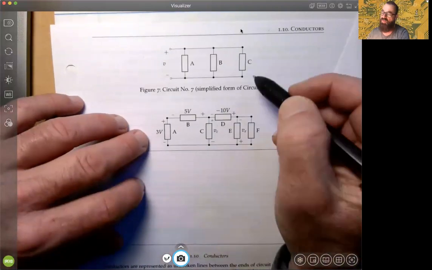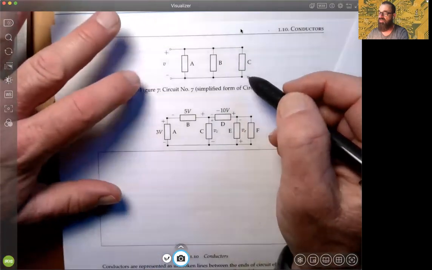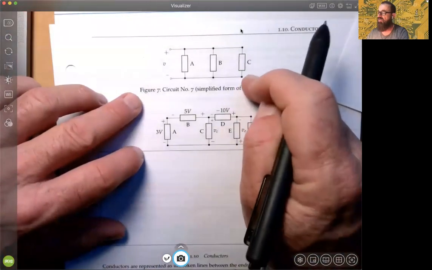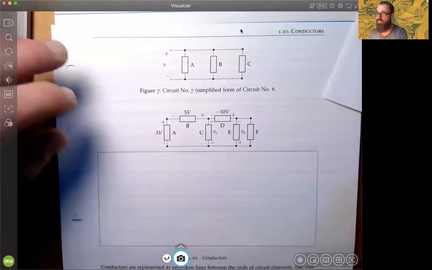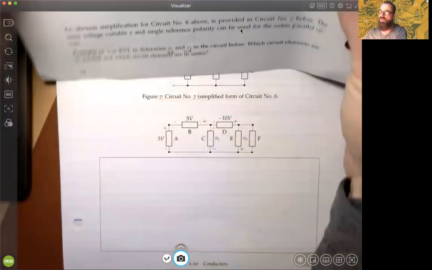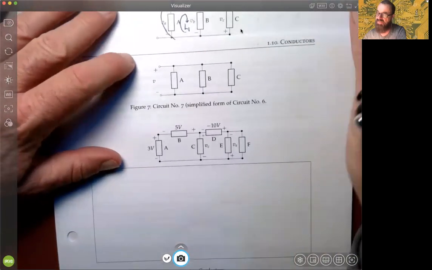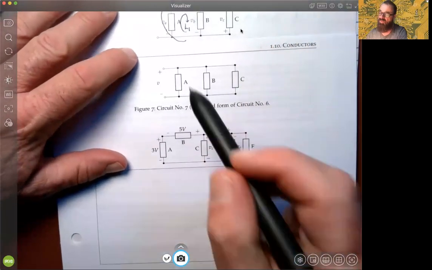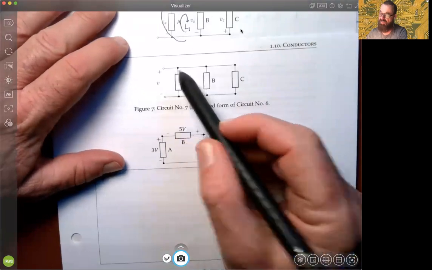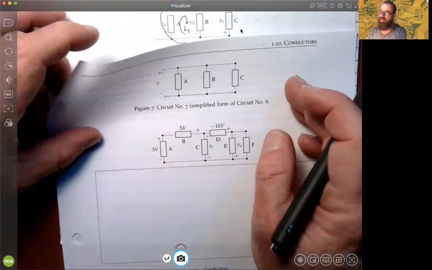One thing that's important to realize that I just glossed over: if you go back to the original diagram on page 14 for this figure 6, you'll notice that sometimes we can represent one voltage polarity.